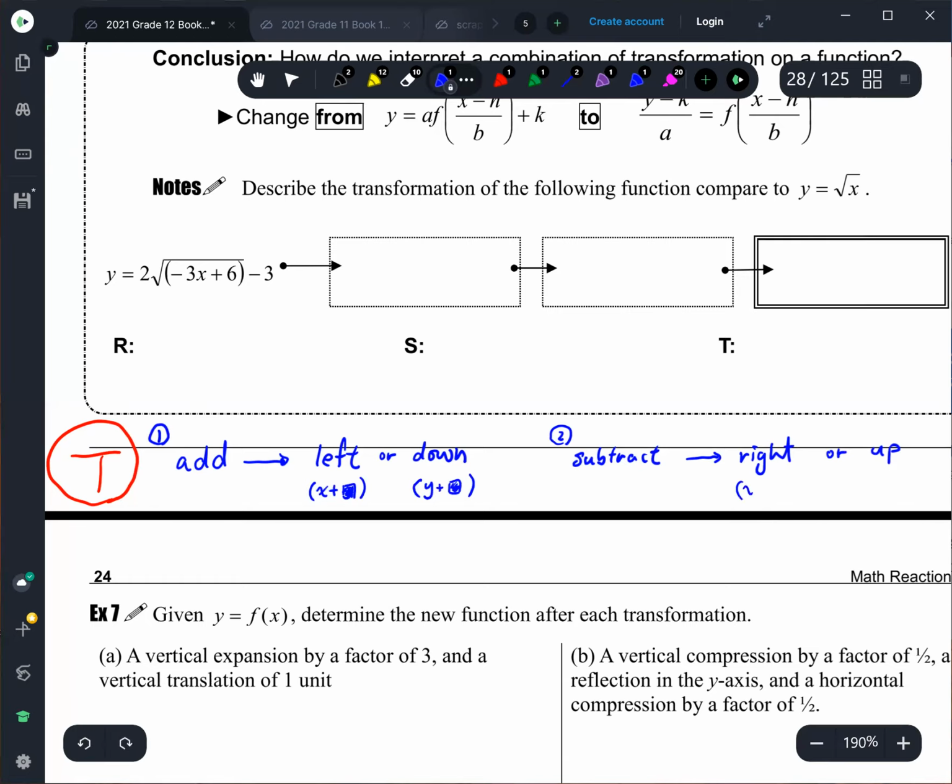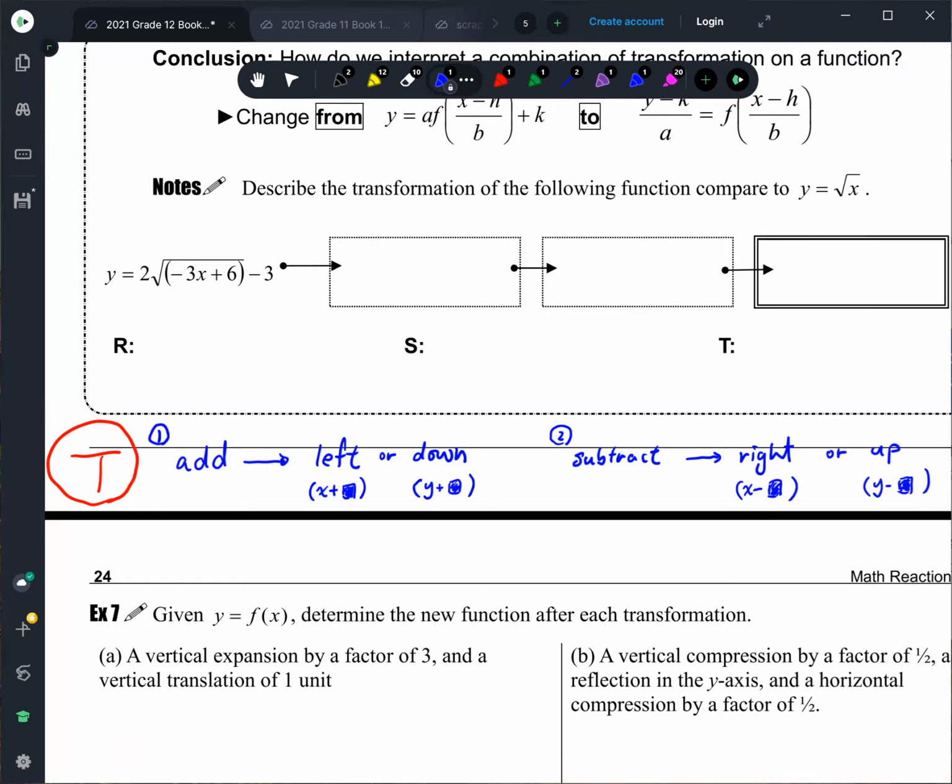Moving to the right, you want to see x minus something. Up, y minus something. Okay, so just remember this one. Add means left and down, subtract, right and up.